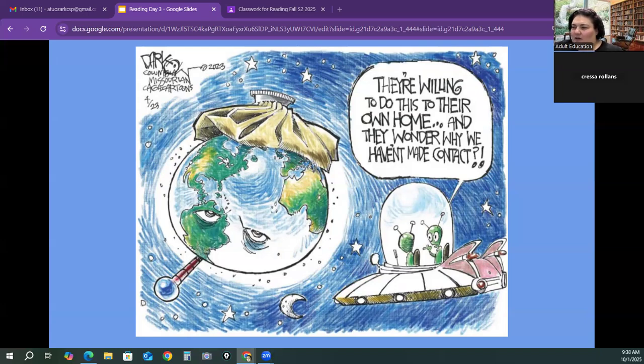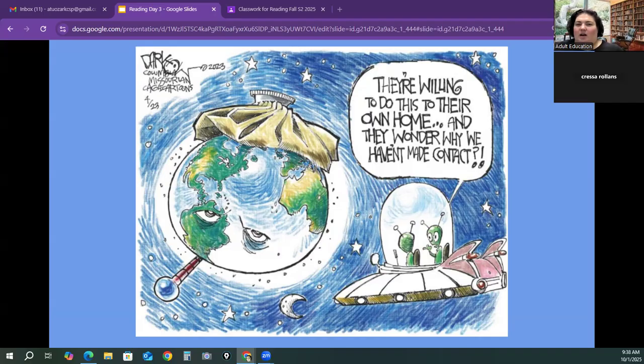What is it inferring? Okay, so if you look at the Earth, it looks like it's sick, right? It's got this hot water bottle on its head. It's got a thermometer in its mouth. It's got kind of droopy, sick eyes. And then you have these two aliens from another planet looking at our planet and saying they're willing to do this to their own home and they wonder why we haven't made contact.